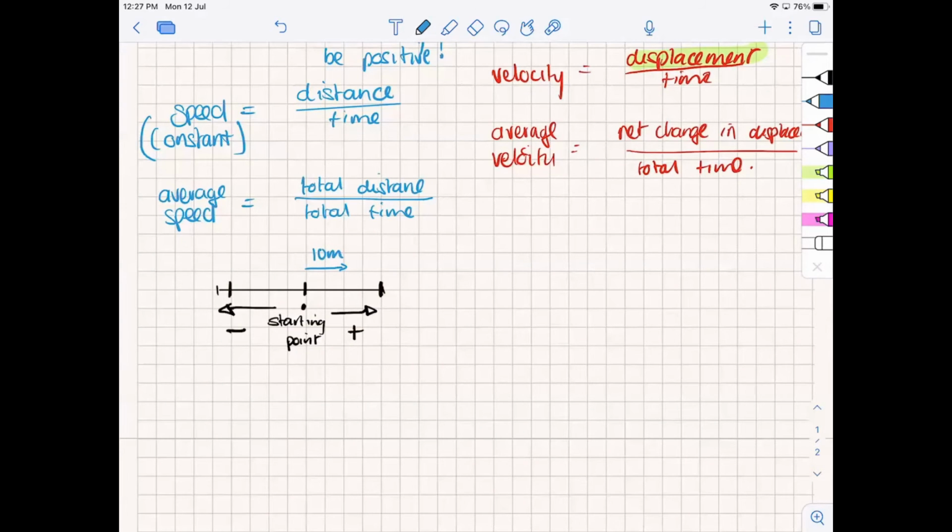Right, they gave us his speed. He had a constant speed of 4 meters per second. What would his velocity be at this point? Remember, I told you it's constant speed, or constant velocity, so it's going to remain unchanged. It's just going to be 4 meters per second. Remember, his speed's constant.